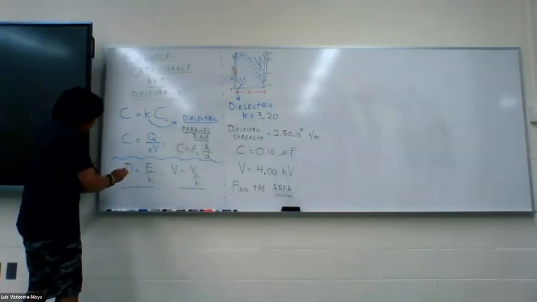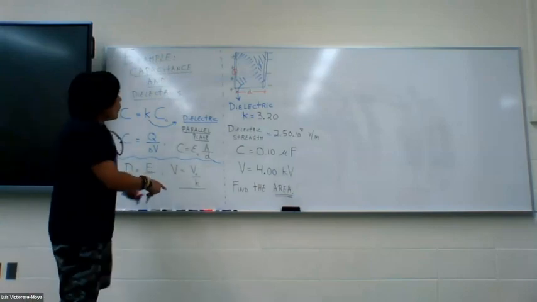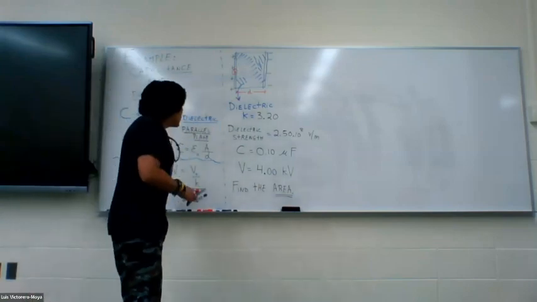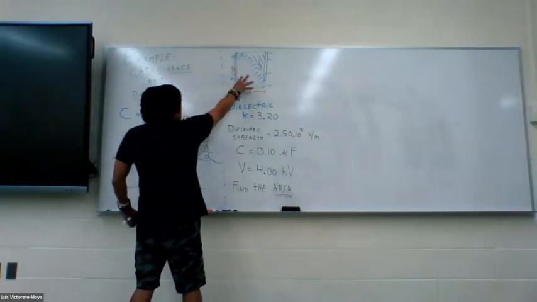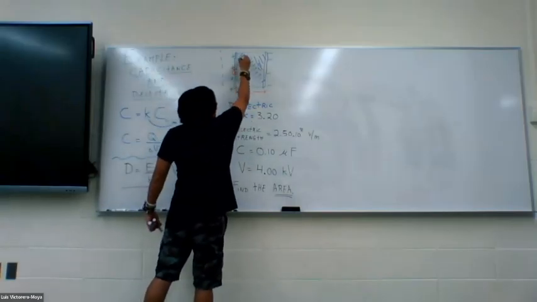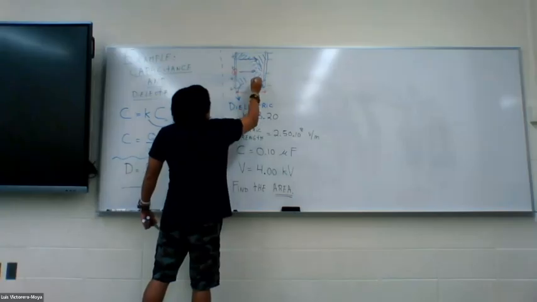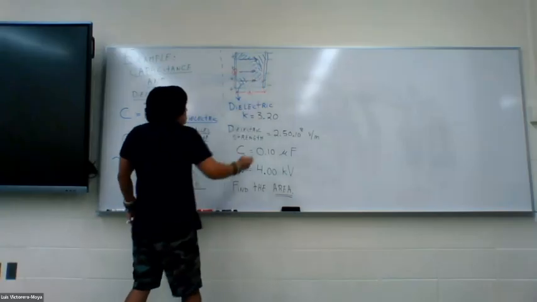We call the electric field when there's a dielectric, right? So when there's a dielectric, like in here, we say that there is a dielectric strength. And it's a vector as well.